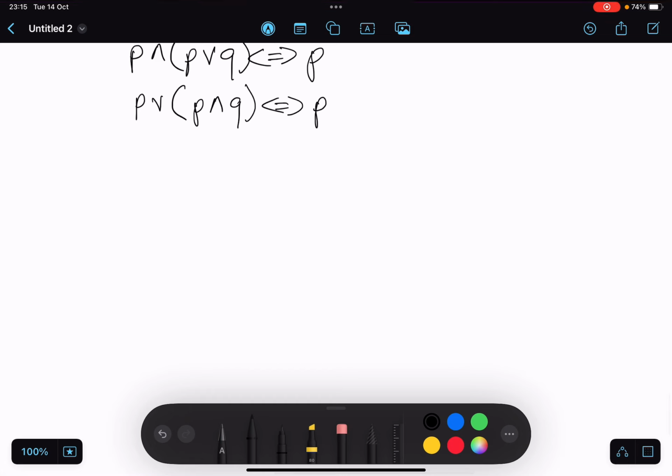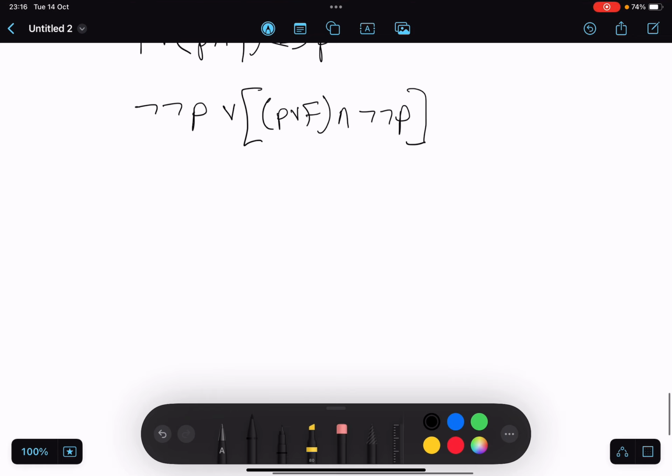So if you are looking at an example for this one, let's say we have double negation of P or, okay, let me just use square brackets to make this one simple to evaluate. Then I have P or this and double negation of Q, and then close our brackets. We want to simplify this compound proposition.